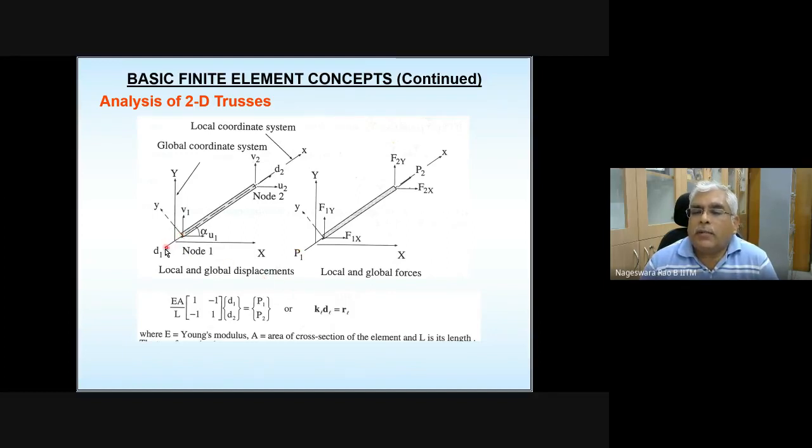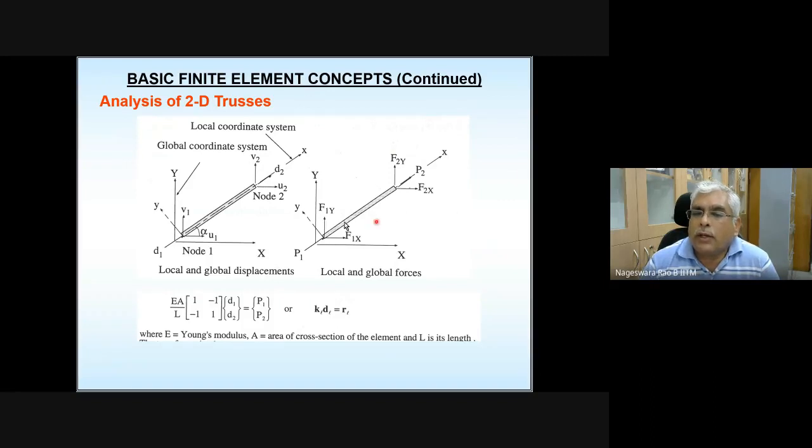What is the relation between D1 and U1, V1, D2 and U2, V2? Similarly, what is the relationship between P1, F1X, F1Y, P2, F2X, F2Y? You need to go back to your coordinate geometry. Please note that the displacements and forces are going to get resolved in the same manner as your coordinate system.